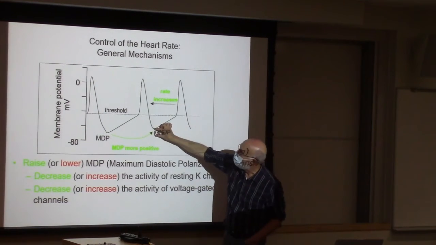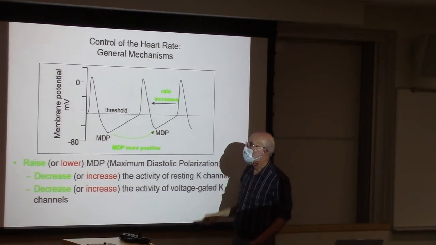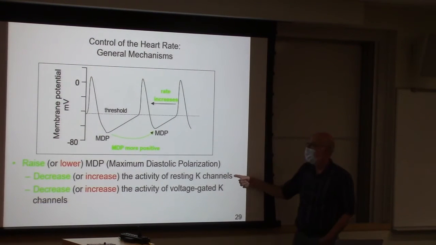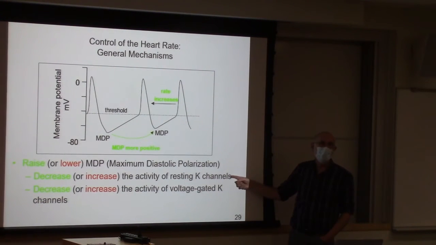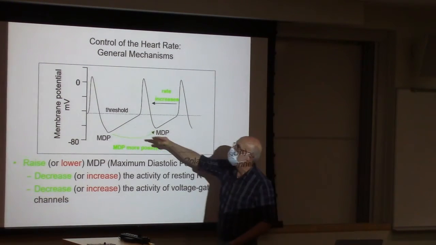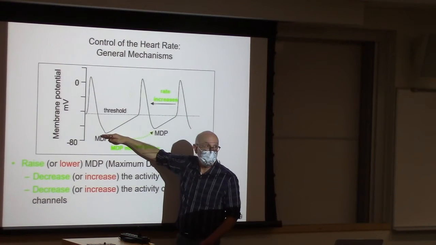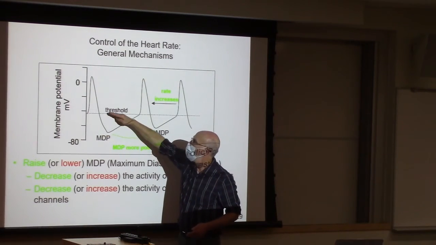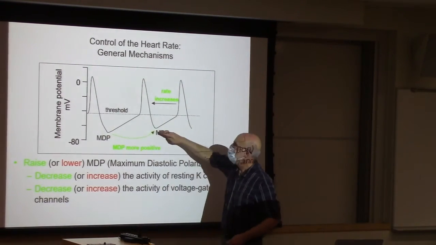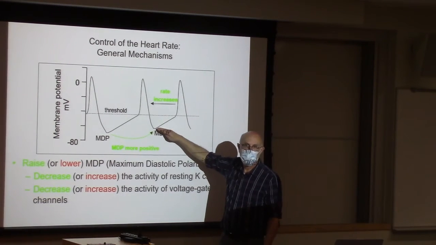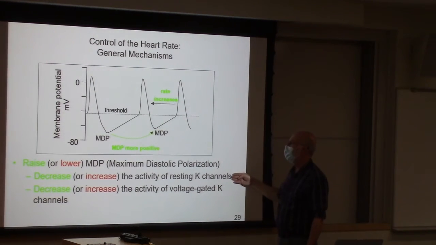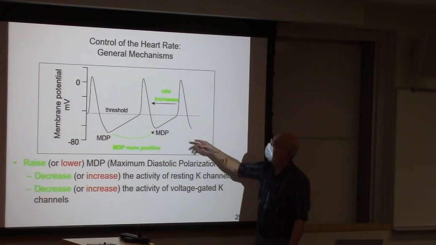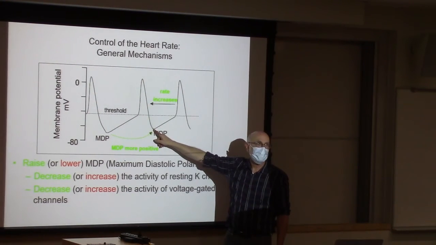So how could we change the starting point? Well, if we make fewer resting potassium channels, remember resting potassium channels tend to bring the membrane potential negative by potassium flowing out, leaving behind negative charges. More potassium channels, more negative. Less potassium channels, less negative. So fewer resting potassium channels makes this potential less negative.